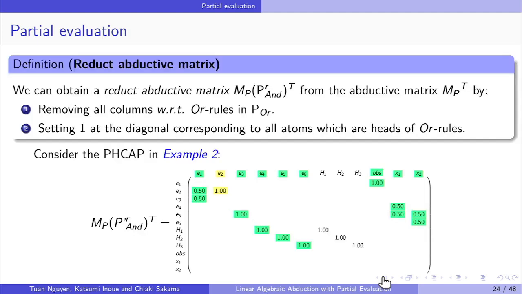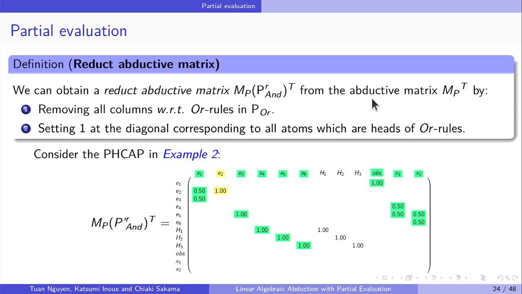So can we do better? We take four iterations. So we propose partial evaluation to do it maybe in a better way. First, I introduce the definition of the reductive abductive matrix.